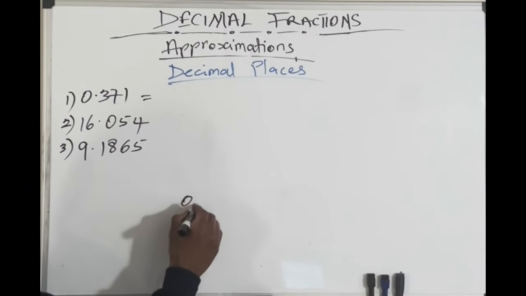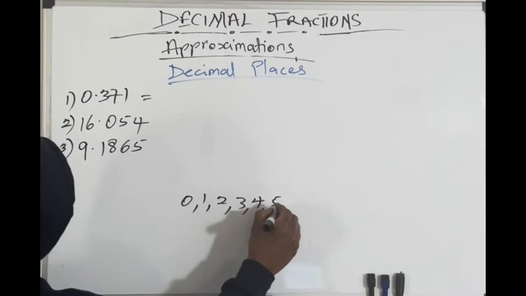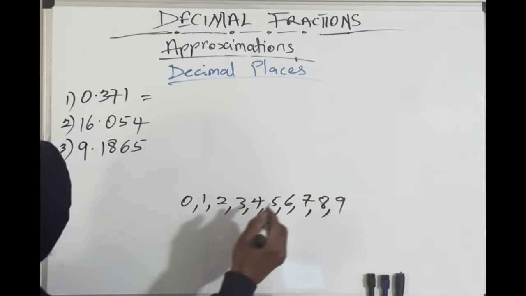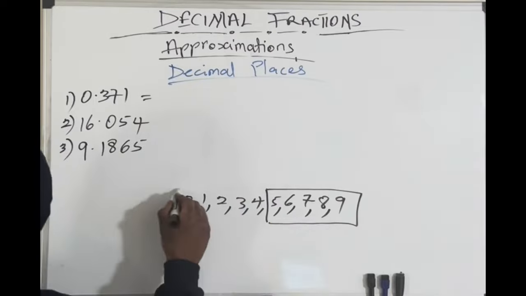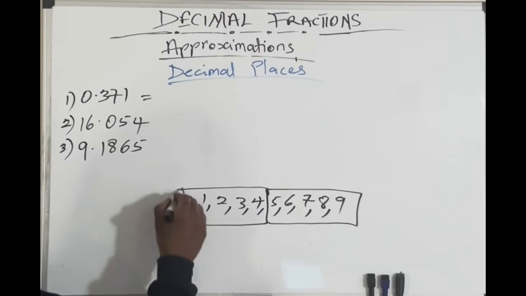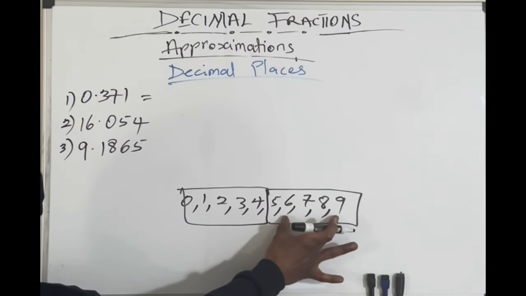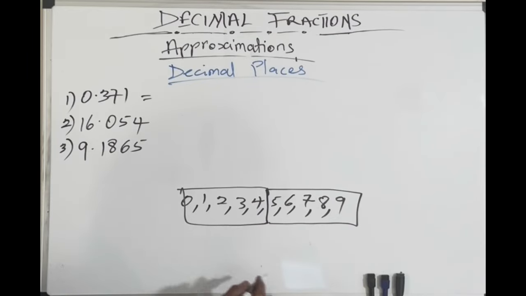Now, 0, 1, 2, 3, 4, 5, 6, 7, 8, and then 9. Whenever the next number falls in between 5 to 9, 5, 6, 7, 8, 9, just turn it to 1 and then add it to that decimal place we are talking about.